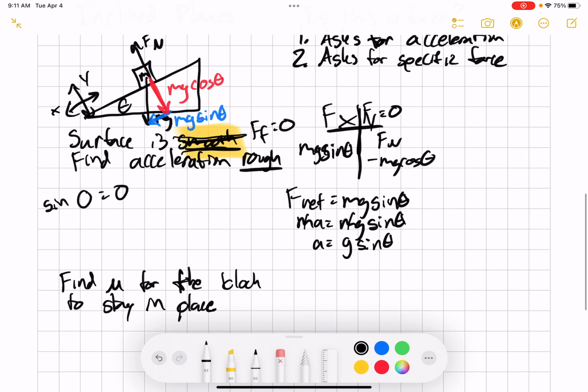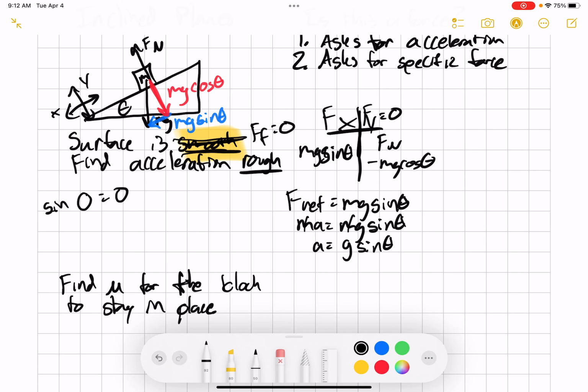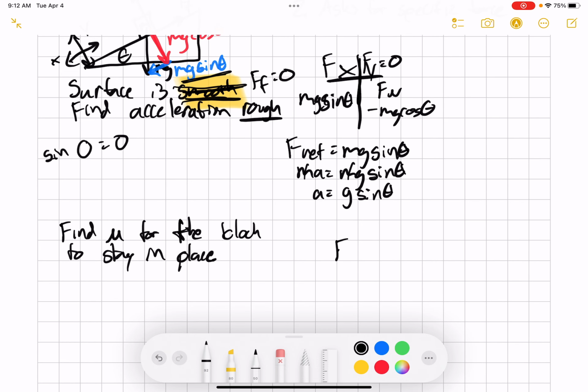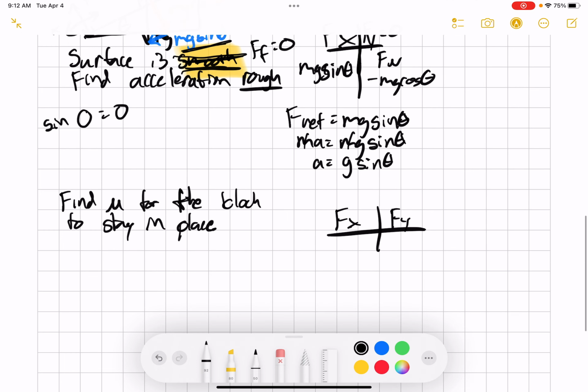So find mu for the block to stay in place. We already have our free body diagram, but in this case, we need to draw one extra force. Now, we have this mg sine theta down the inclined plane, so I need some sort of force up the inclined plane to prevent it from sliding down, and that force is friction. So I have friction there. So we go ahead and make our xy chart. In the x direction, I have mg sine theta again, but now I also have minus Ff.